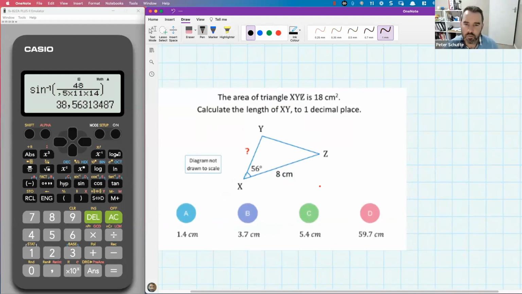So you're given the area. So that's a bit like last time, but this is different.